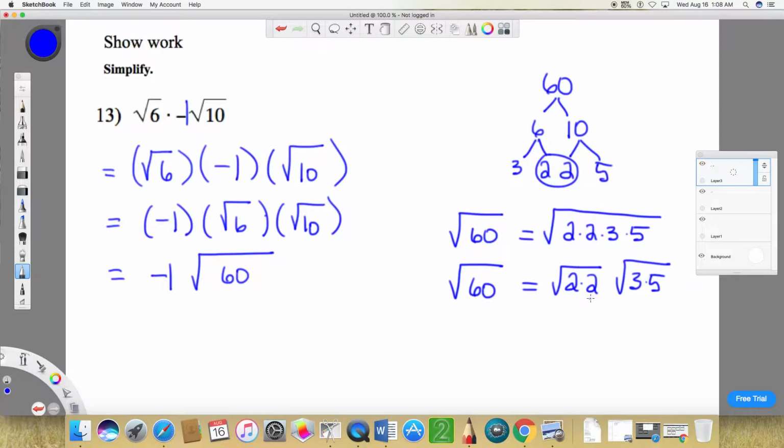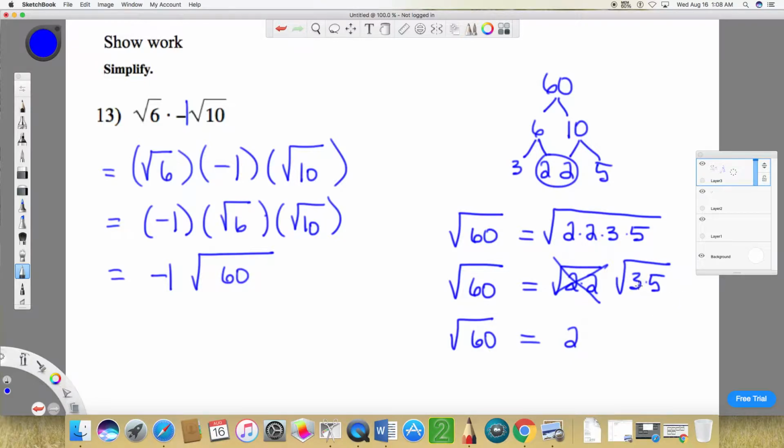And with square roots, we're interested in pairs. So I know that the square root of 4 is 2, that this is just an ugly way to write the number 2. Whenever you have a pair underneath a square root, one factor comes out.